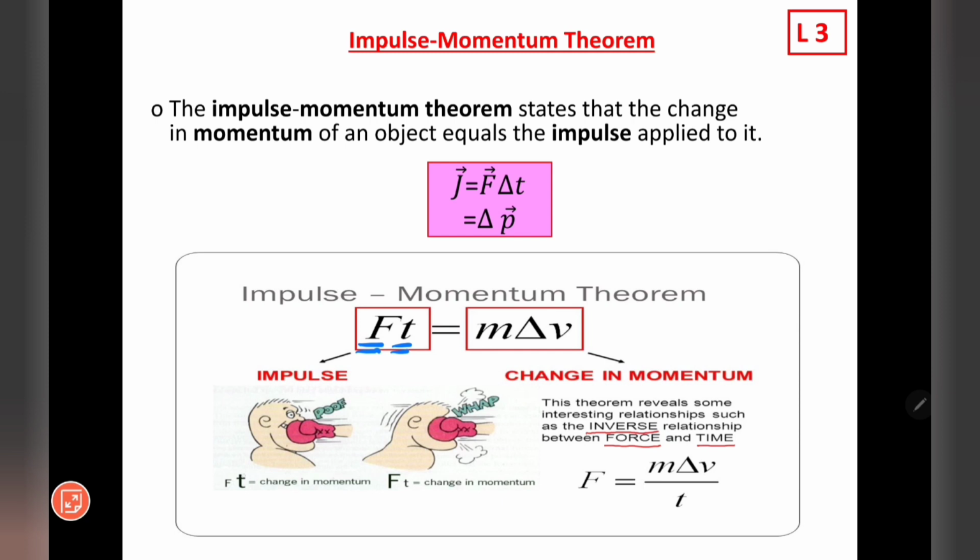For the first case, a small force is exerted on the object, and then the time for the collision is longer, giving you the change in momentum. According to this situation, for a longer time, the impact is not so strong, because the force is quite small.